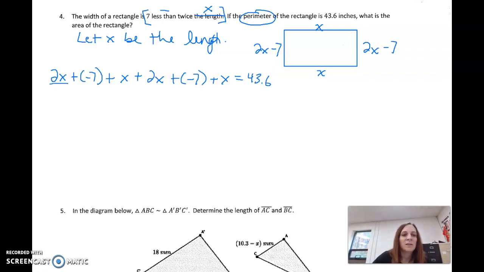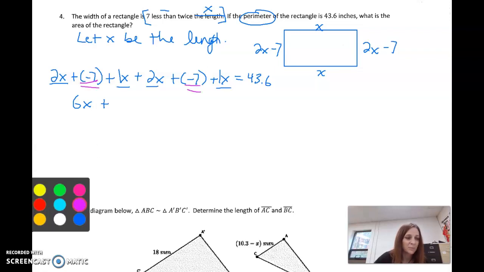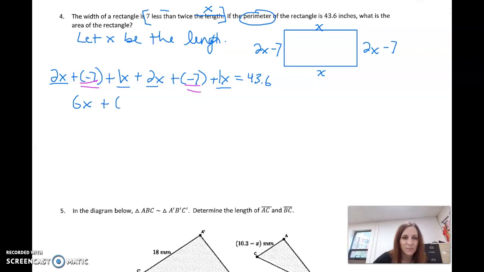All right, so now we simplify and solve. If I have 2x's and 1x, that's 3x's, plus another 2x's is 5x's, plus another 1x is 6x's. So I have 6x plus negative 7 plus negative 7, which is a negative 14. And that has to equal 43.6.